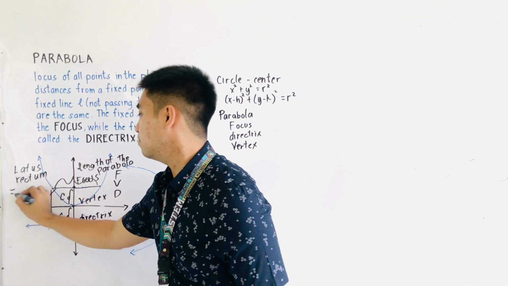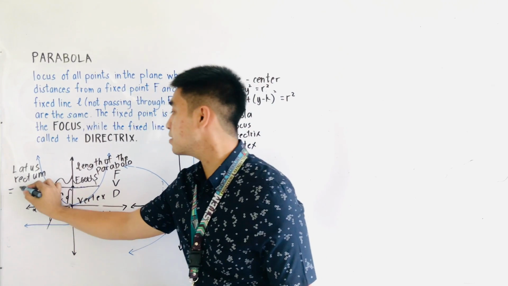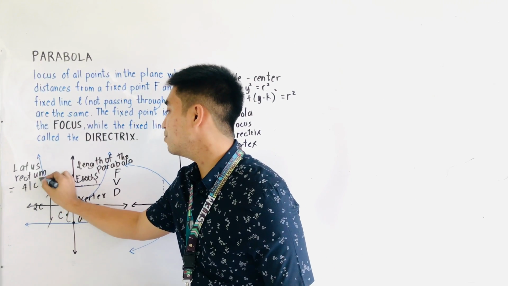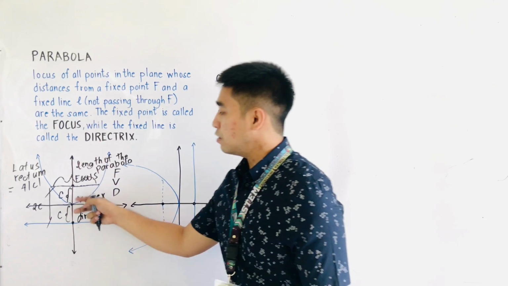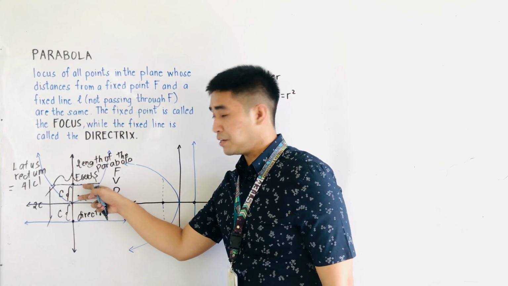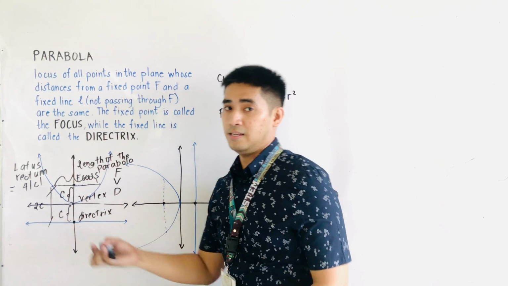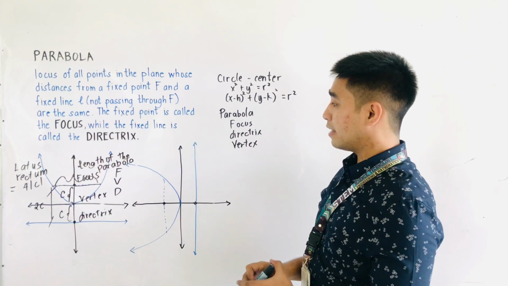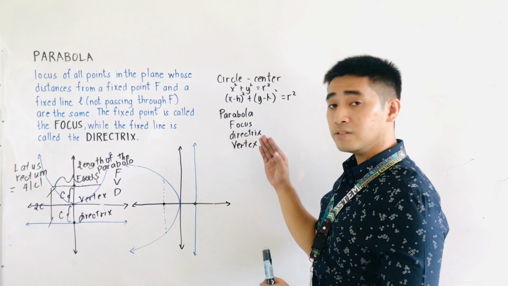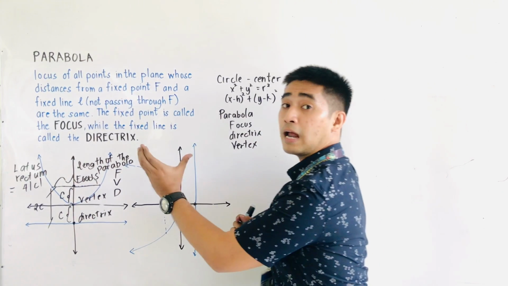And the length of the latus rectum is 4 times the absolute value of C. So if you're able to compute the value of C here, therefore, the length of the latus rectum is just 4C.